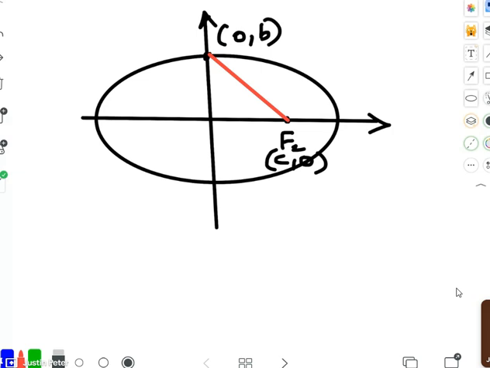So this is a right angle triangle, isn't it? Inside, O, F2, and you give some name for the semi-minor axis end, say Q. And you can even call F1 minus c comma 0.